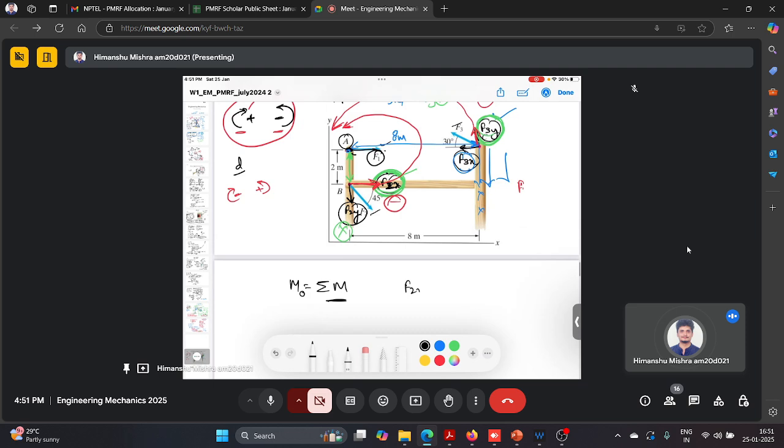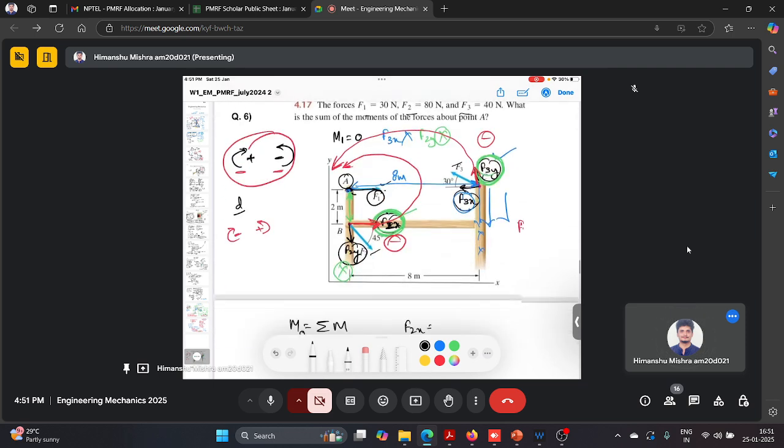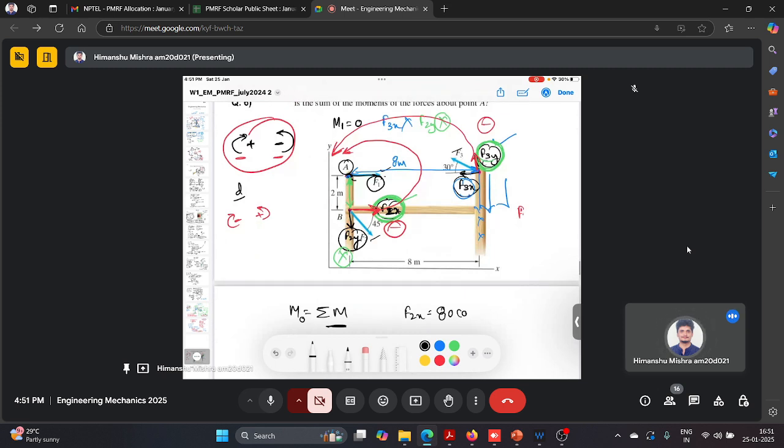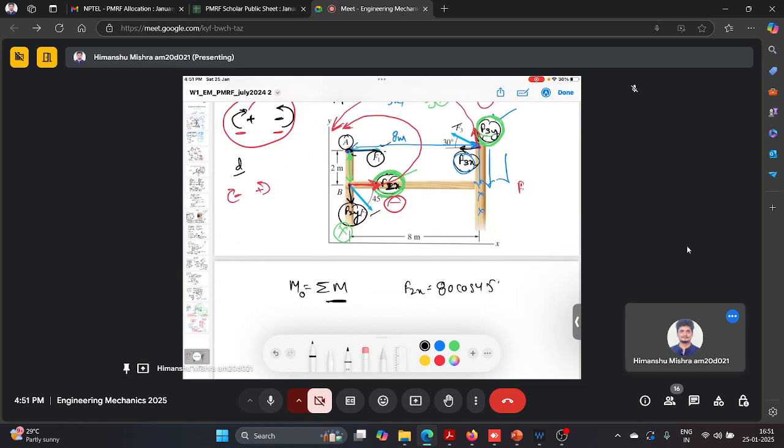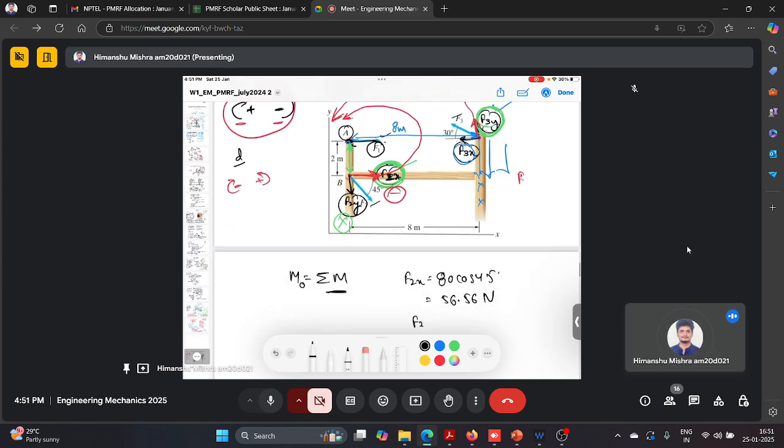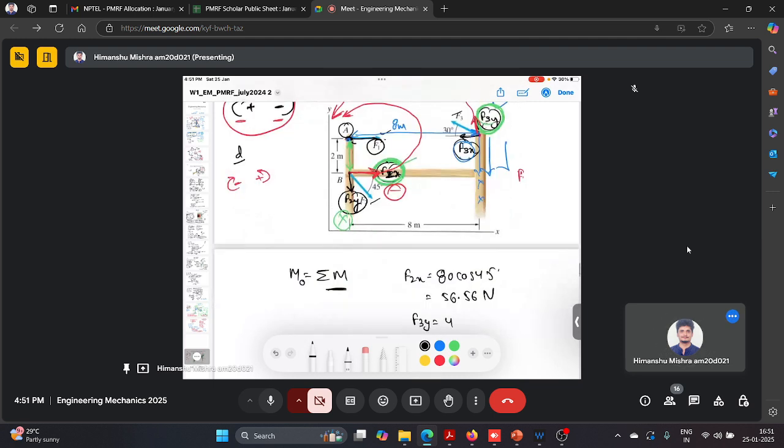So F2x is 80 cos 45, which is 56.56 Newton, and F3y is F3, which is 40 sine 30, which is 20 Newton.